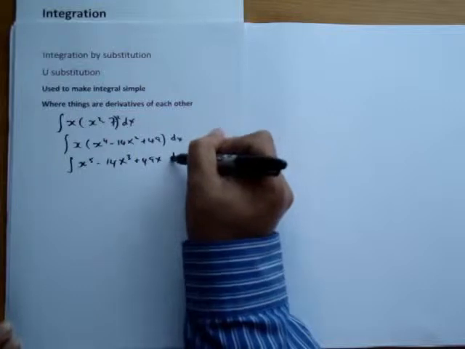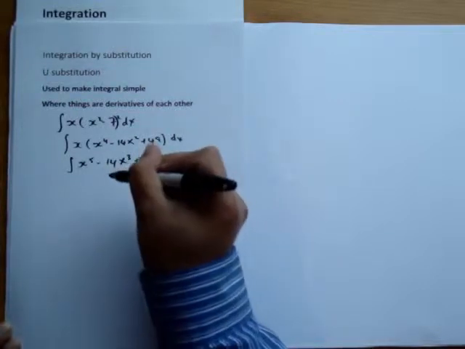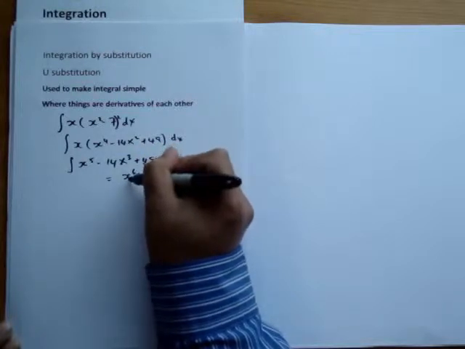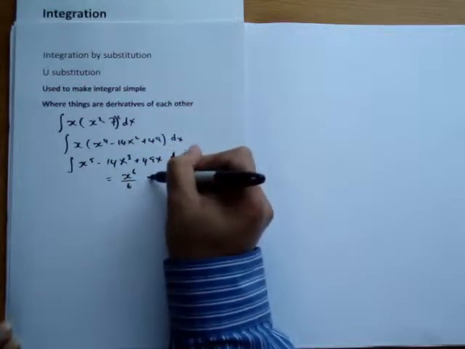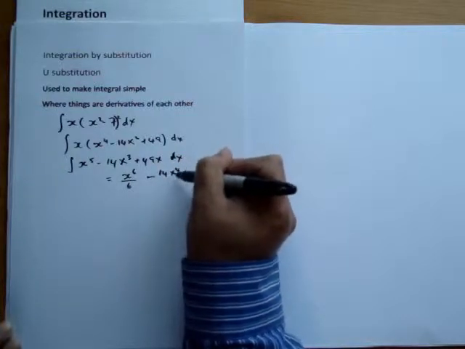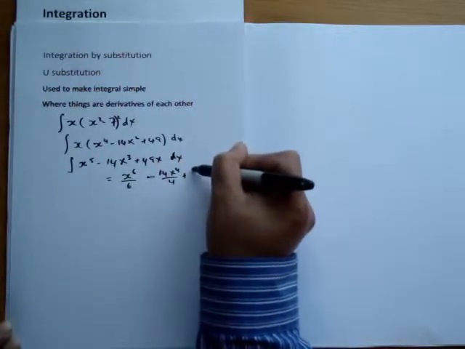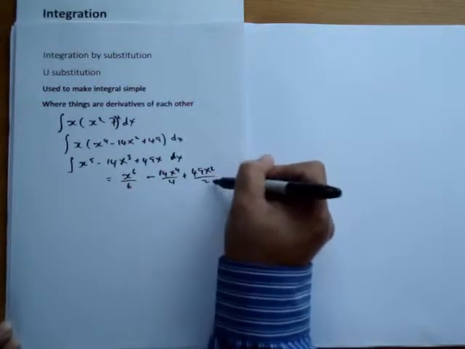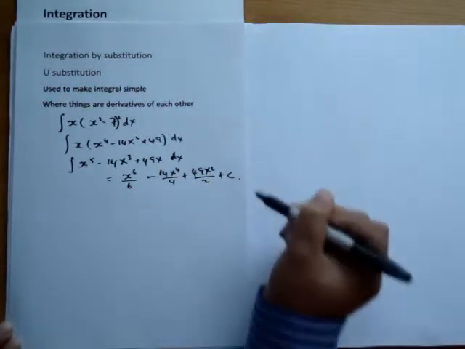And then when we apply the rules of integration, we get x to the 6 over 6 minus 14x to the power 4 over 4 plus 49 x squared over 2 plus c.